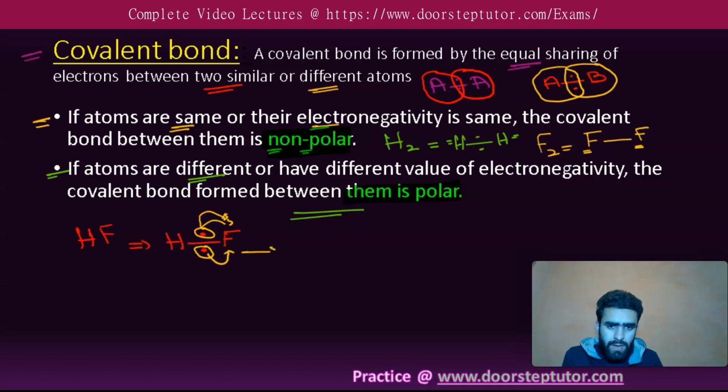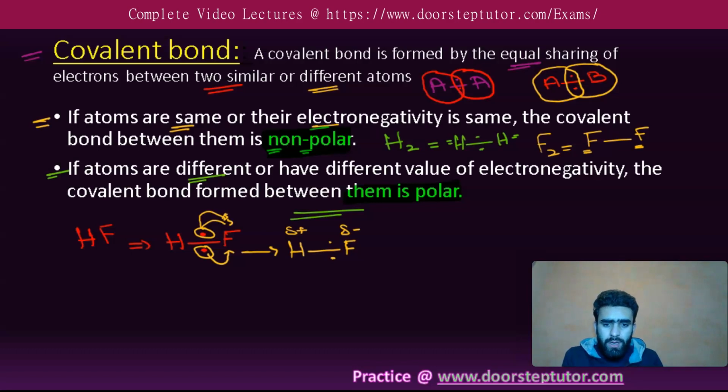So these two electrons will come close to fluorine. When they come close to fluorine, fluorine gets a partial negative charge and hydrogen gets a partial positive charge. As a result, this bond becomes polar in nature. Why? Because fluorine possesses a high electronegativity value as compared to hydrogen.